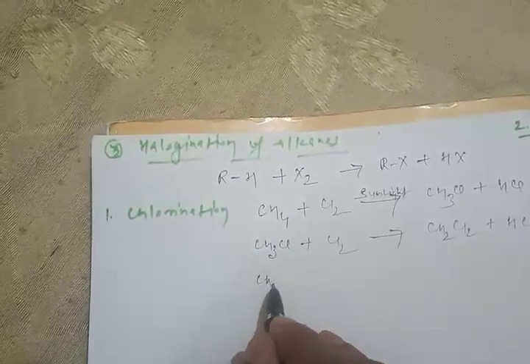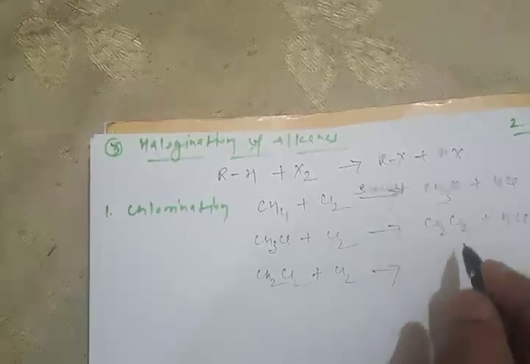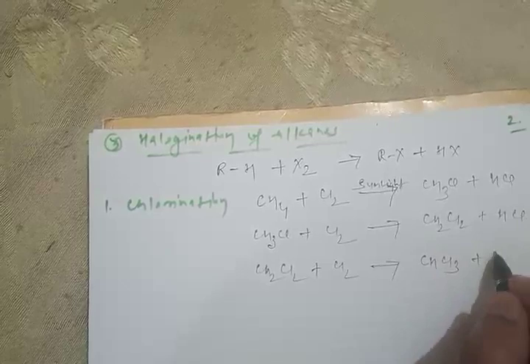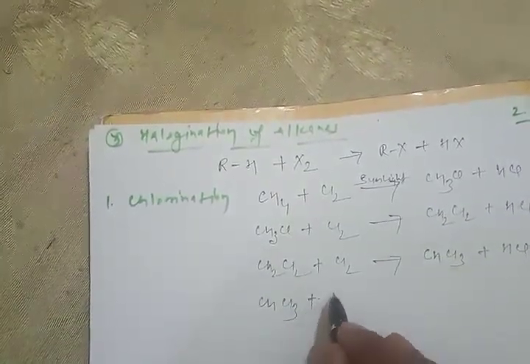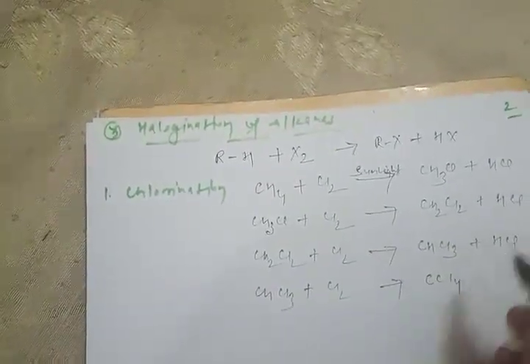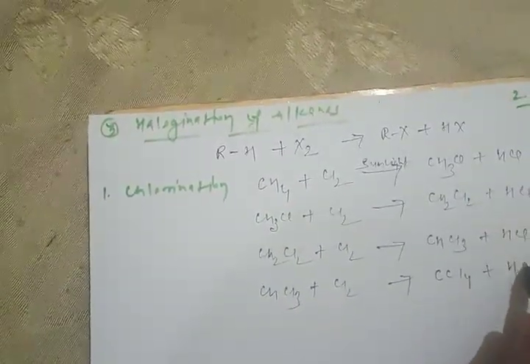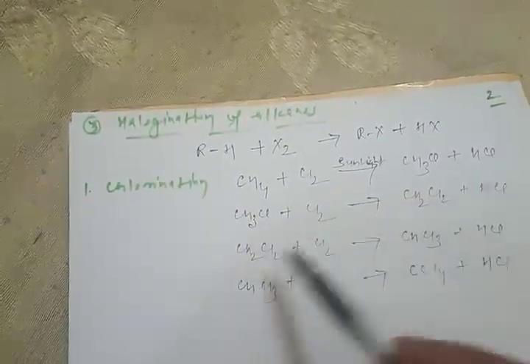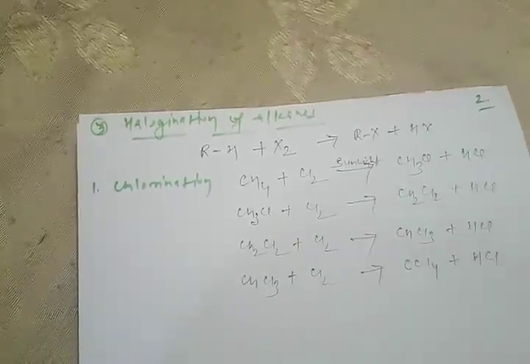Then CH2Cl2 with another chlorine gives CHCl3, chloroform, and HCl. Then chloroform CHCl3 plus Cl2 gives CCl4. So all hydrogens will be replaced: here one hydrogen replaced, here the second, the third, and the fourth. So this reaction will continue.